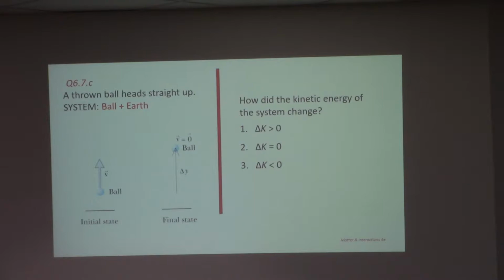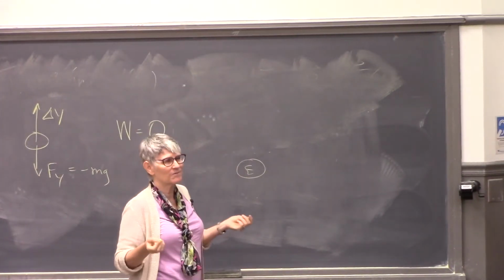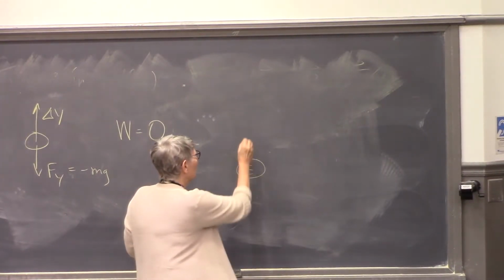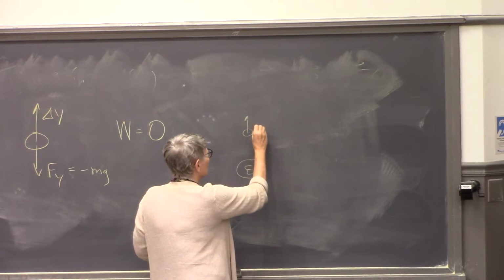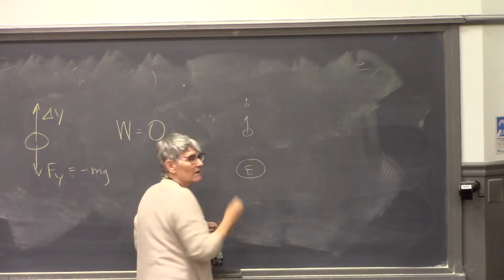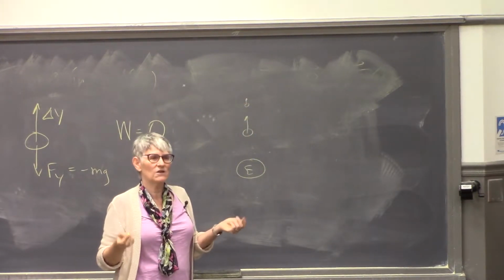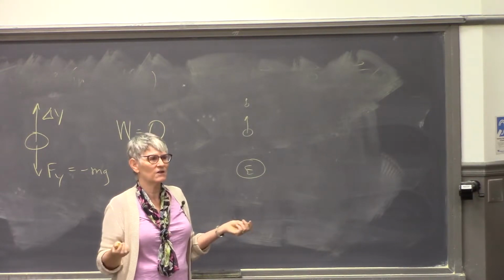This is a straightforward question. It's not a trick. I mean, what happened to the kinetic energy of the system? It decreased, didn't it? Because the kinetic energy of the Earth didn't change much, negligibly. But the ball, as it's going up, is slowing down. So the kinetic energy of the ball part of the system decreased.